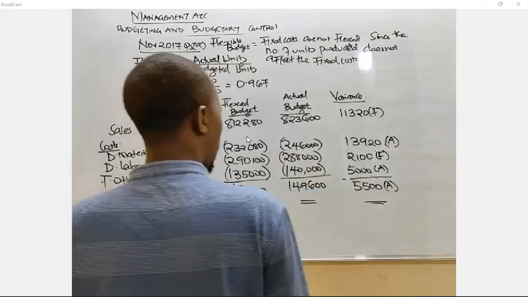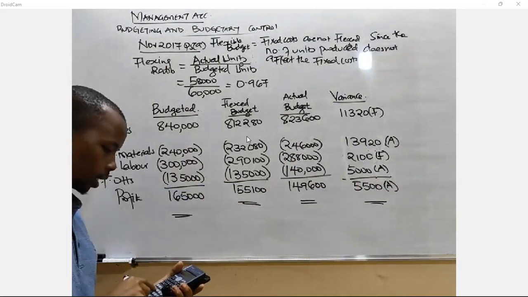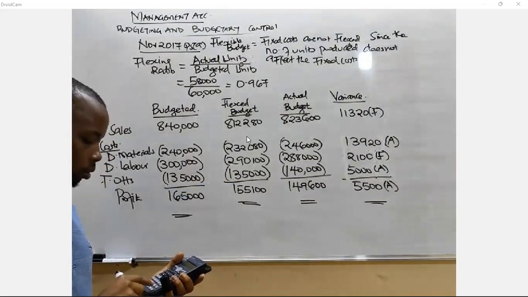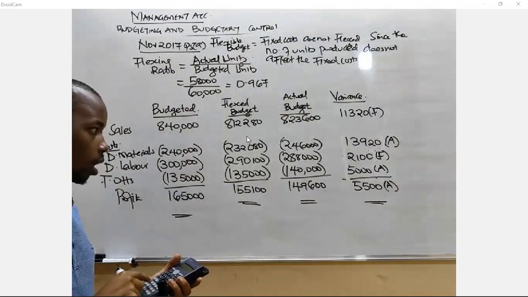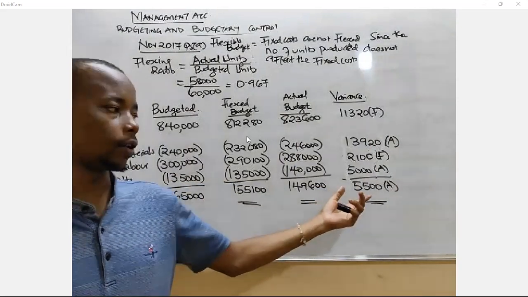When you talk about adverse, it should be negative in your mind. Favorable is positive. So even if you take 155,100 minus 149,600, you can see you are getting a difference of 5,500.